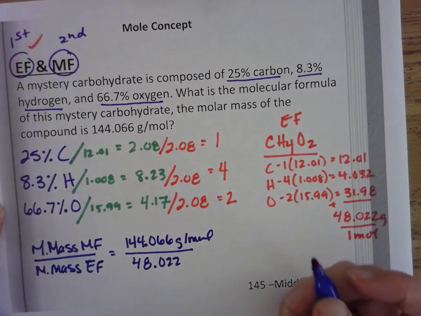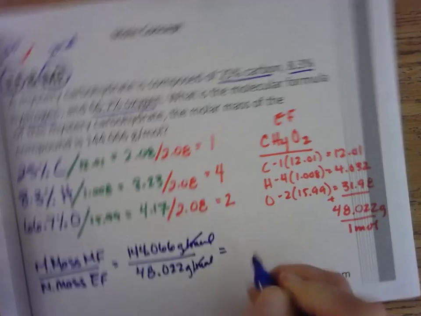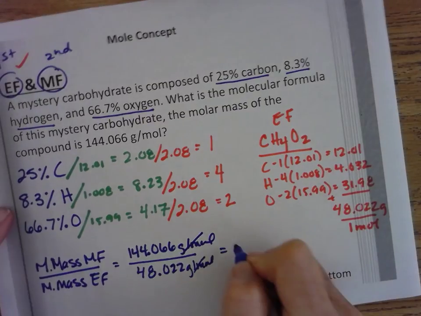Sorry, I just got distracted there. This cancels, gives me a whole number: 144.066 divided by 48.022, and I get a 3.